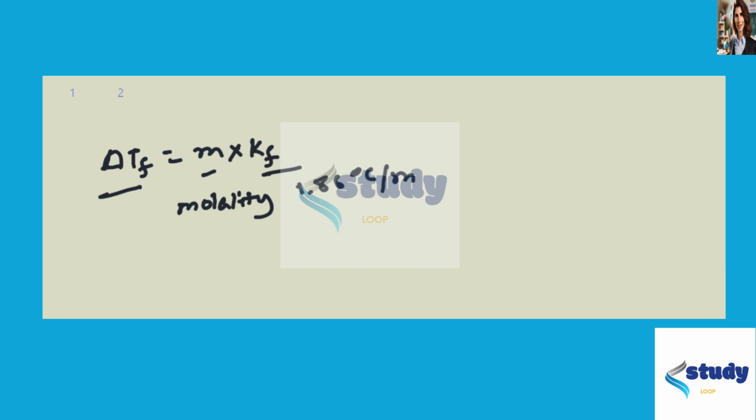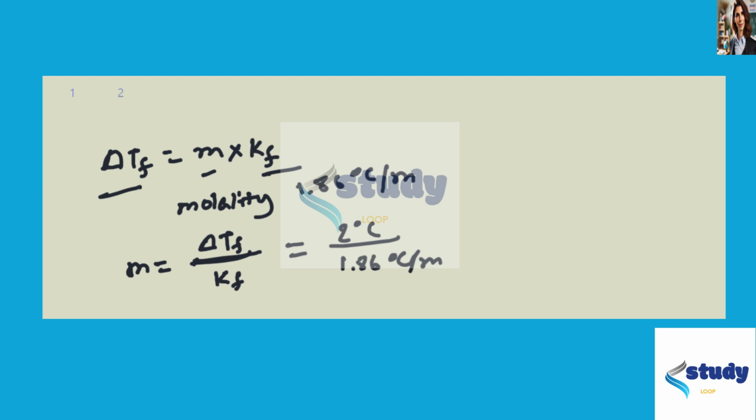So from here we can find the molality by putting del Tf over Kf, and as we have seen, the freezing point depression value is 2 degrees C. The Kf value we have here is 1.86 degrees C per m.